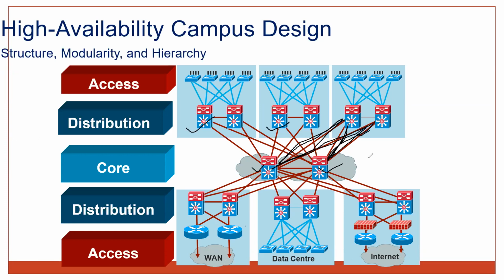Now, the question here is: why do we have these multiple connections, and if we have these multiple connections, what are we achieving here? What's the goal? You can answer. Redundancy. Redundancy is the goal, yes.